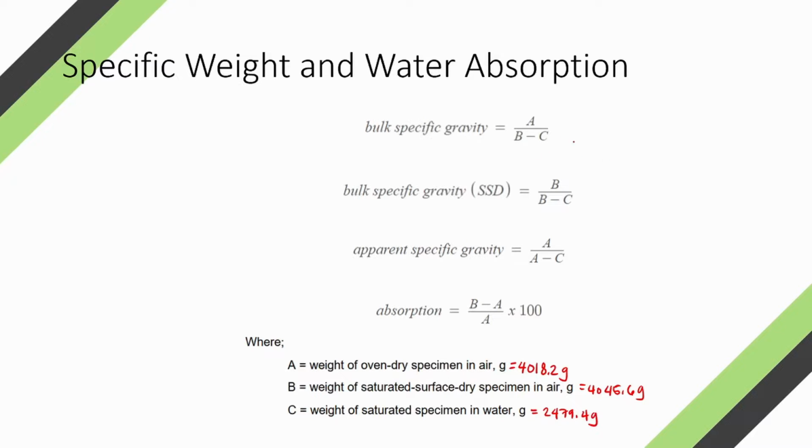So to compute for the bulk specific gravity, that would be equal to A. Yung A natin is ito, weight of the oven dry specimen, 4018.2 all over B, which is 4045.6 minus yung ating C, which is 79.4 grams.